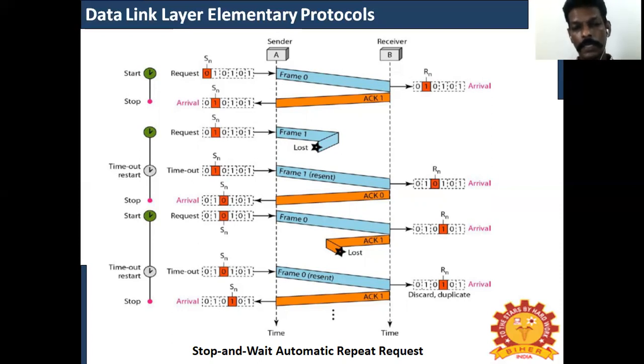The receiver machine received frame 0. But after receiving frame 0, the destination has a duty to send the acknowledgement, that is ACK1, to the sender machine.